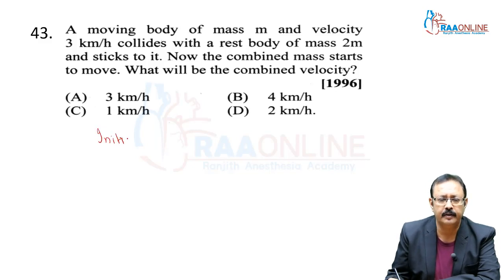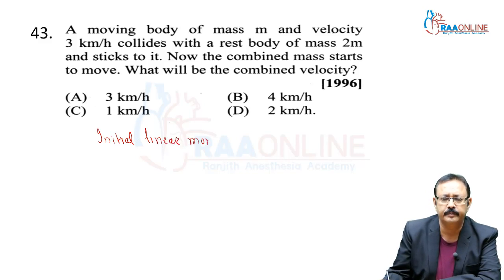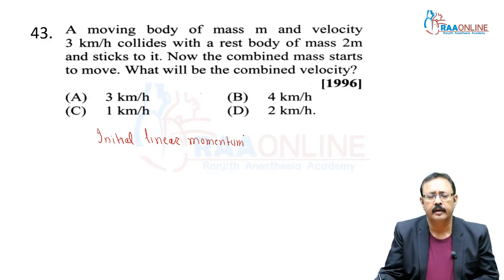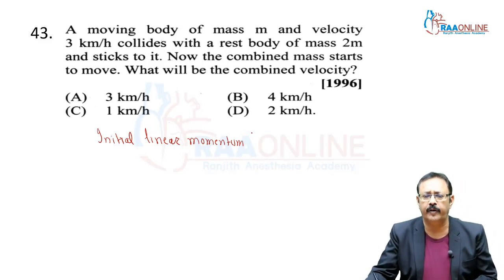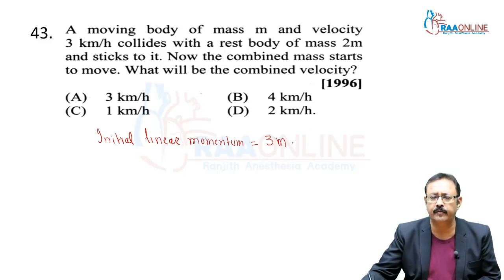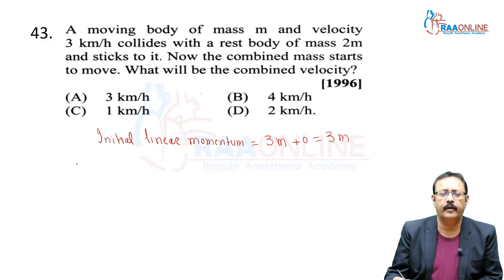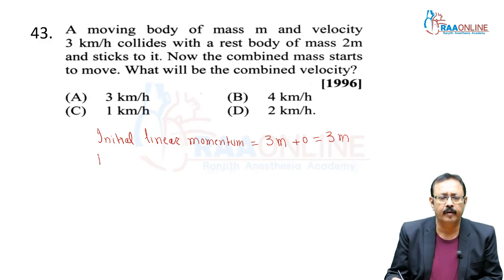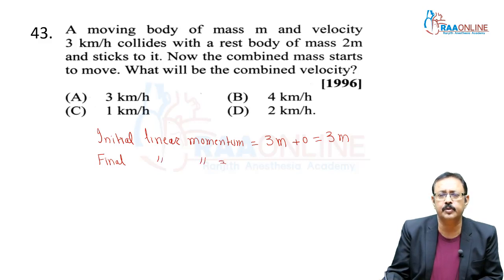So initial linear momentum. I am putting mass in terms of m and 2m. Initial linear momentum, mass m, velocity 3, so 3m. Second was at rest, so its momentum was 0, so total initial momentum was 3m. After that, they stick together. Total mass is 2m plus m, 3m.